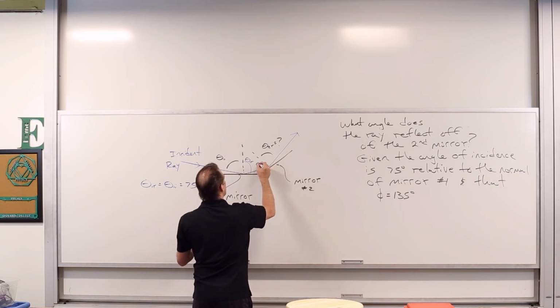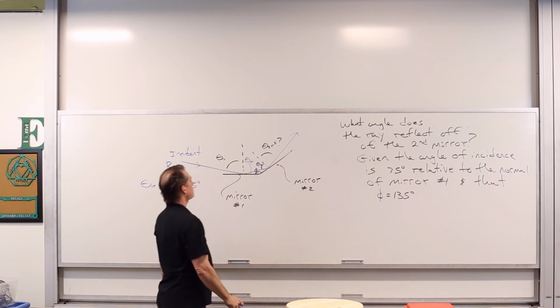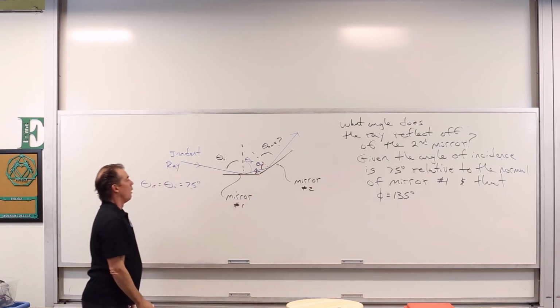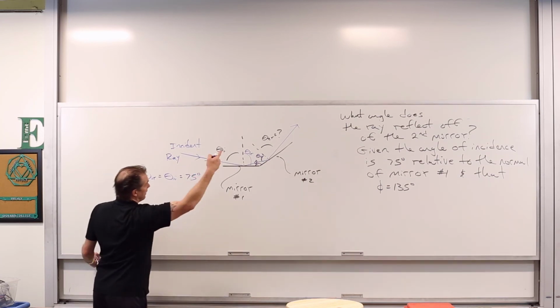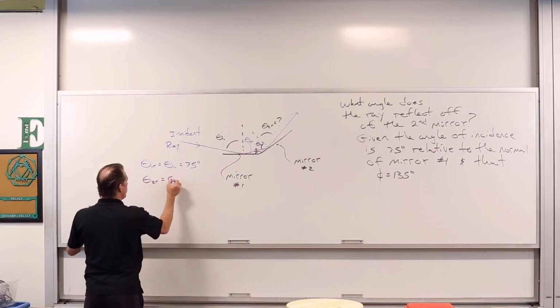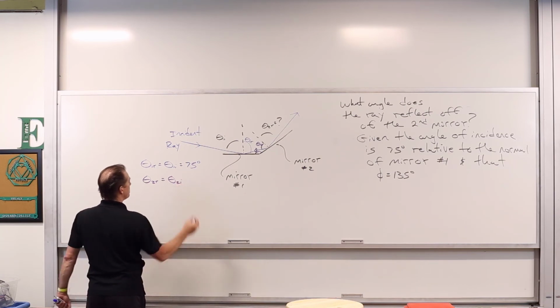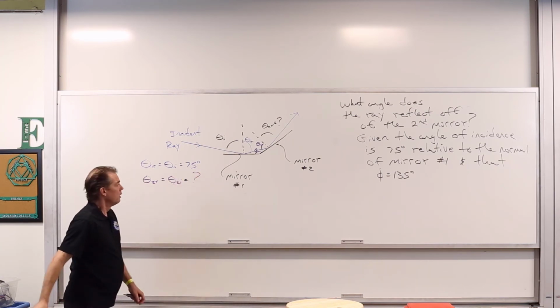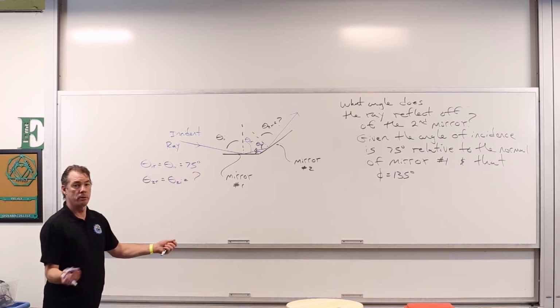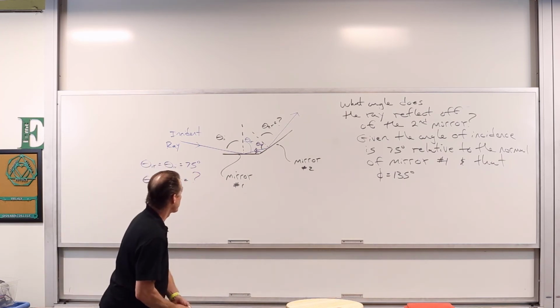We call that theta 2I. If we can figure out theta 2I, we know that theta 2R is equal to theta 2I. So how do we get this angle right there? And the answer is, use some geometry.